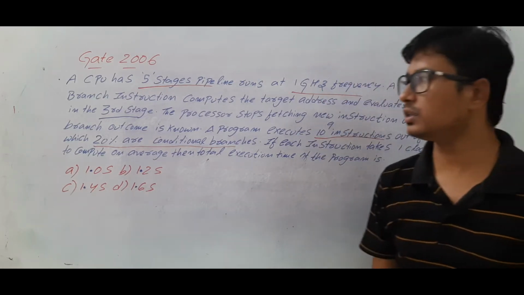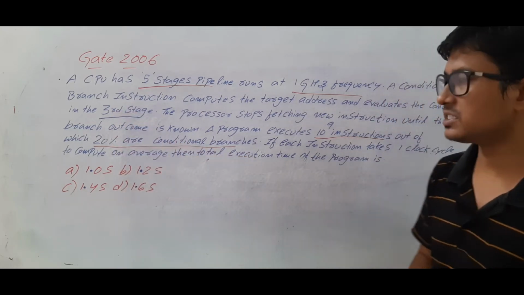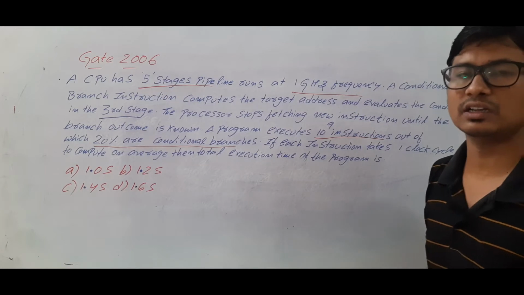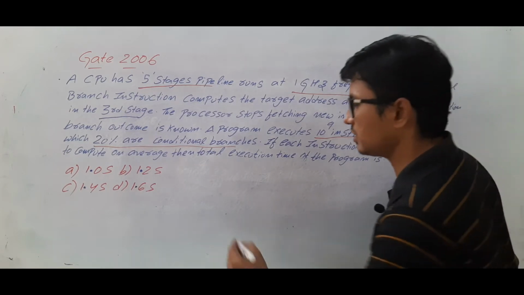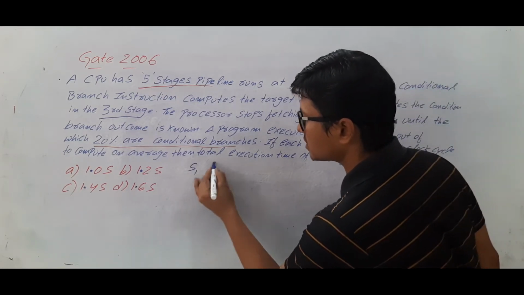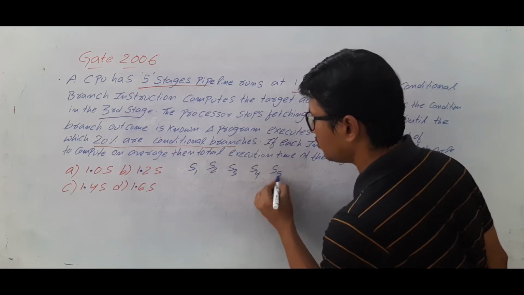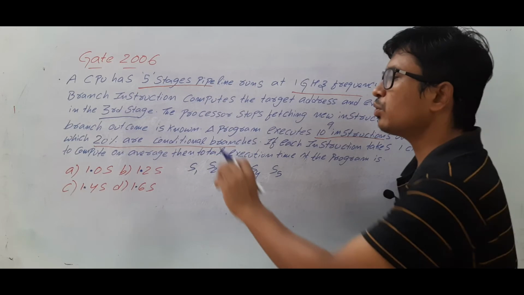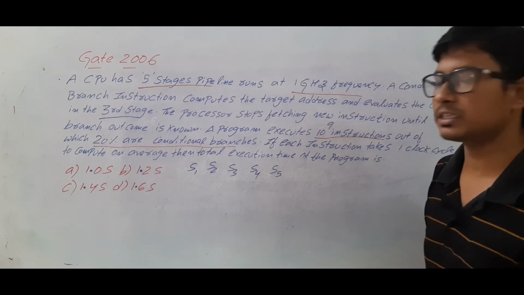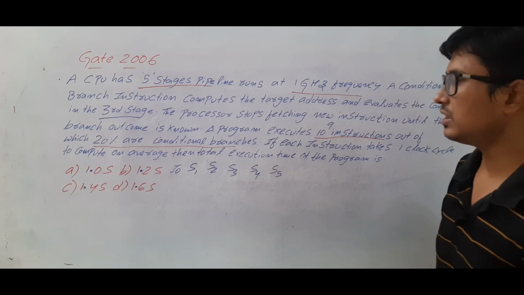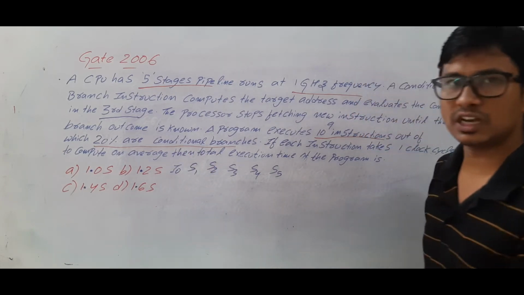Now, if the conditional branch instructions are there, the result of the target address you will come to know after stage 3. So you have 5 stages: stage 1, stage 2, stage 3, stage 4, stage 5. Let's take that I0 is a branch instruction. Then what is the next instruction I have to fetch?